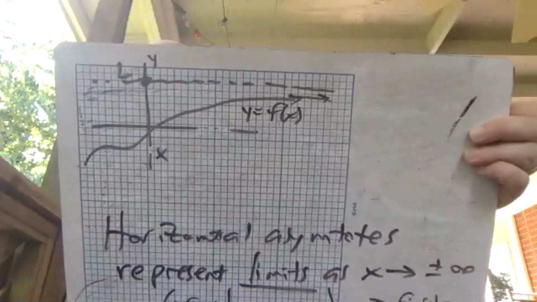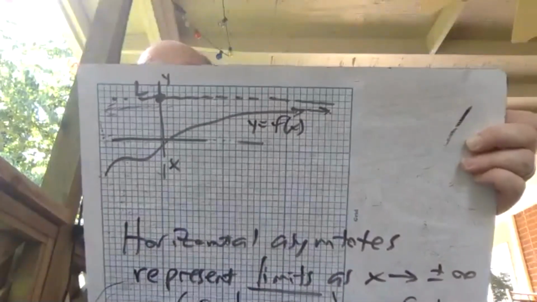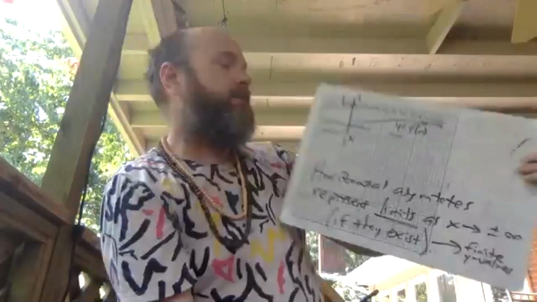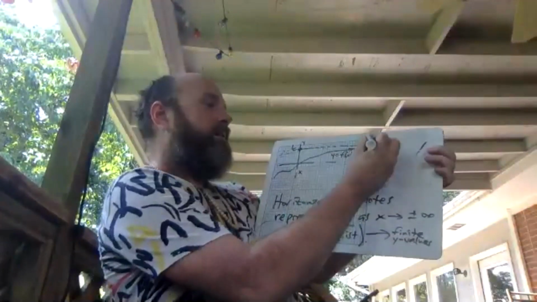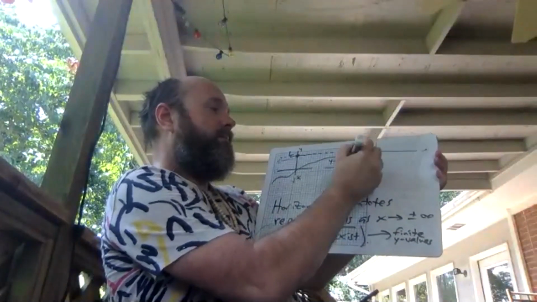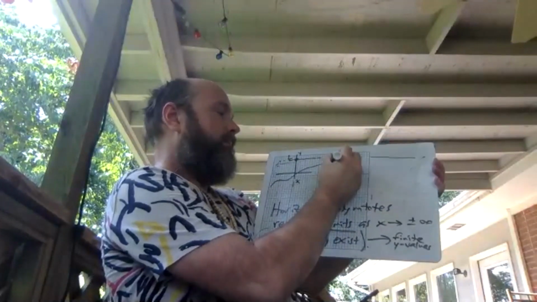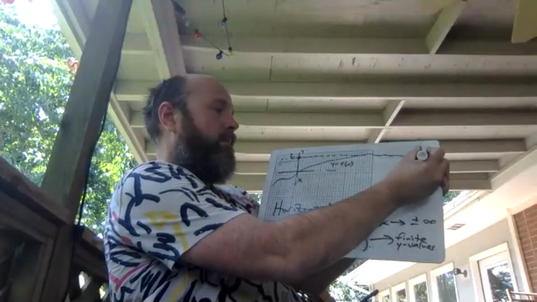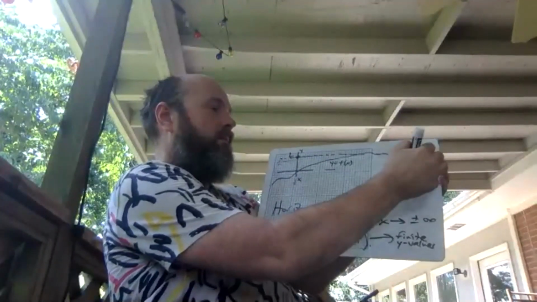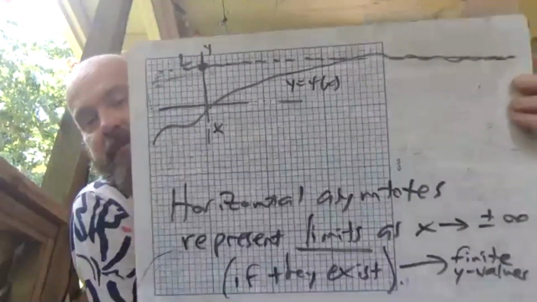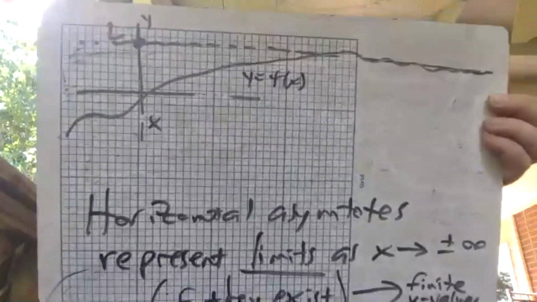Now, I just want to make one tiny little point. A horizontal asymptote and vertical, they don't necessarily have to never touch it. It's possible that this could happen. It could cross it some, but the point is that it never diverges from it again.